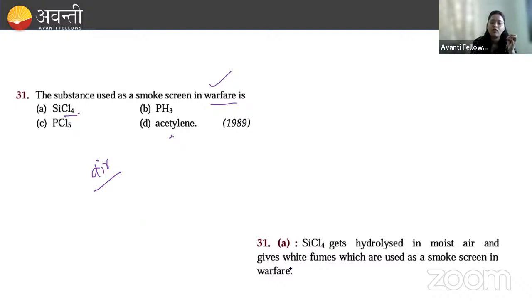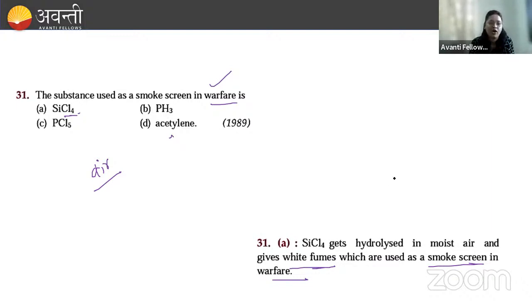There is a formation of white fumes in the air, and which is used as a smoke screen in warfare. तो हम लोग अगर हमको कुछ दिखाना नहीं हो वॉर में, ठीक है, we need to hide for certain interval of time, so we can use SiCl4 because SiCl4 produces the smoke, white color smoke, and due to which it looks like means वहां पे क्या होता है, वो स्मोक जैसे क्रिएट होता है और वो व्हाइट स्मोक होता है और वो स्मोक स्क्रीन जैसे हम लोग यूज कर सकते हैं.